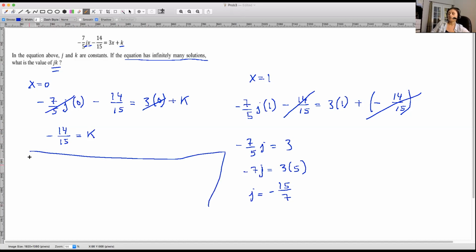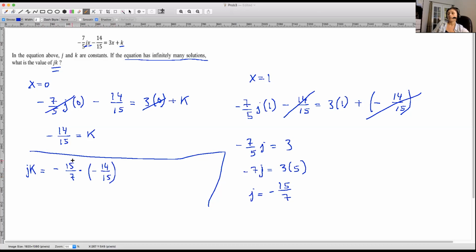So we just need to do our final step, which is a very easy step. But again, if you skip it because you don't read it, or you're in a rush, or you want to get to your next question, you're not gonna get this question right, even though you solved most of it, right? So j times k will be minus 15/7 multiplied by minus 14/15.